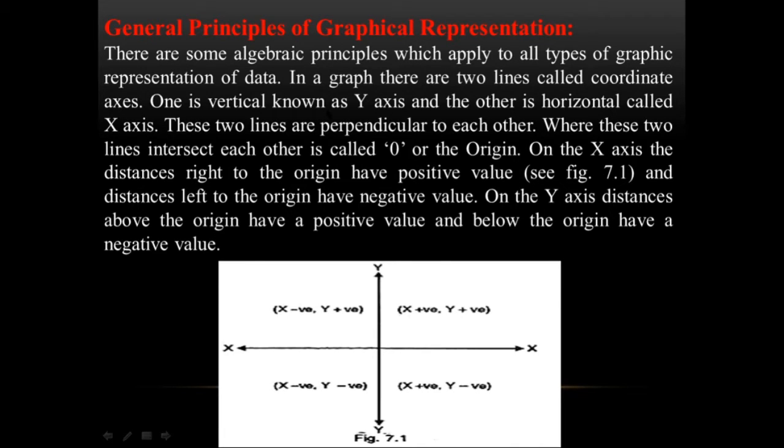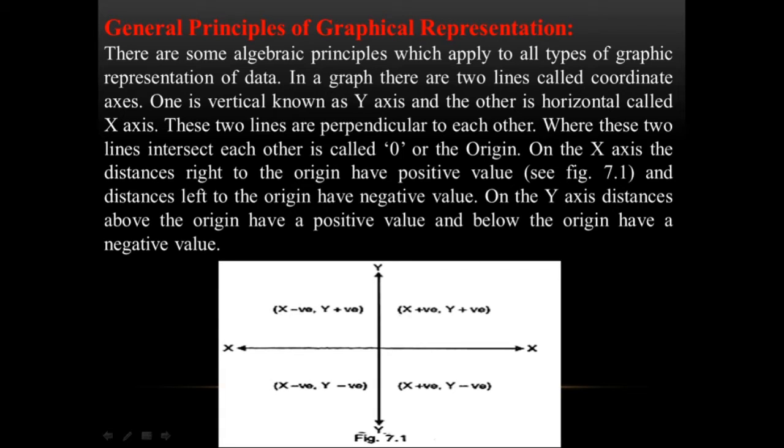One is vertical, known as the y-axis, and the other is horizontal, called the x-axis. These two lines are perpendicular to each other. Where these two lines intersect each other is called zero or the origin.